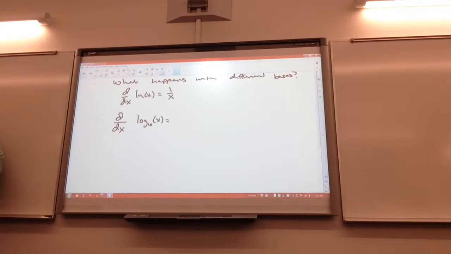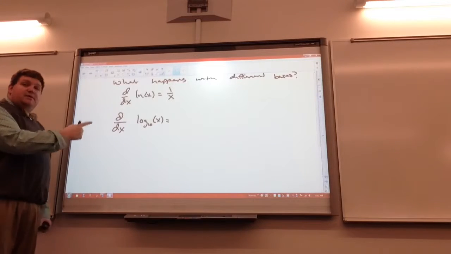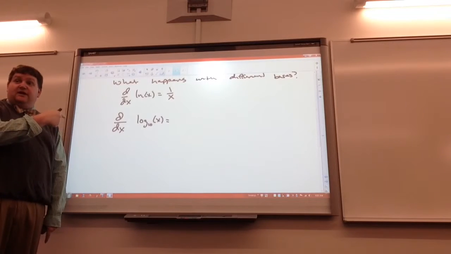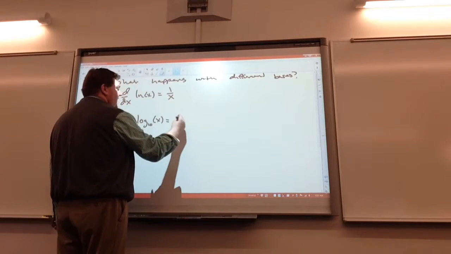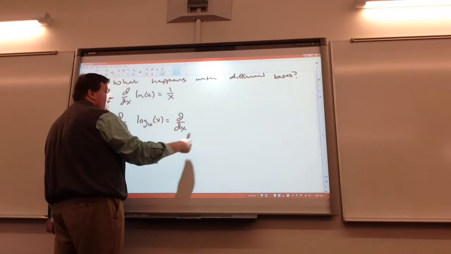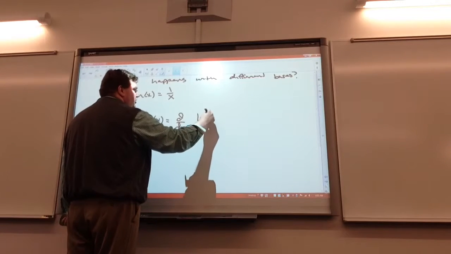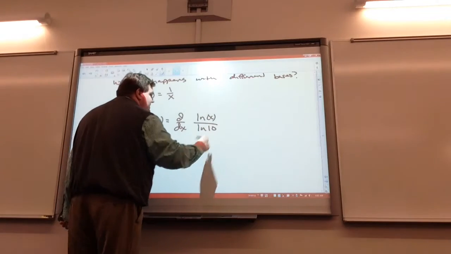Good. But since we don't want log, we want ln. When we change the base formula, does it matter? No. Good. So instead of doing it directly, I'm going to use the change of base formula and rewrite this as the derivative with respect to x of the natural log of x over the natural log of 10.